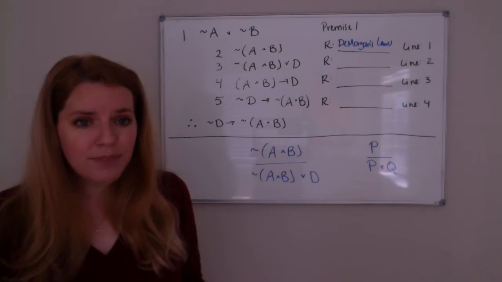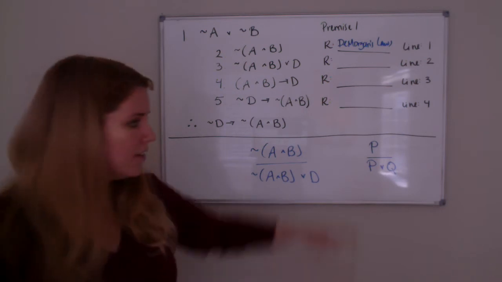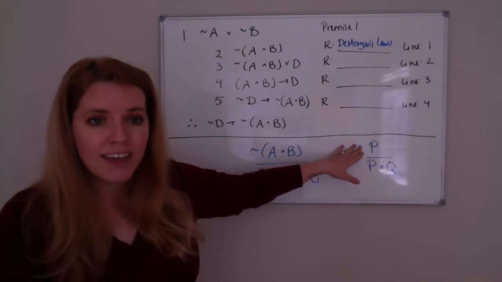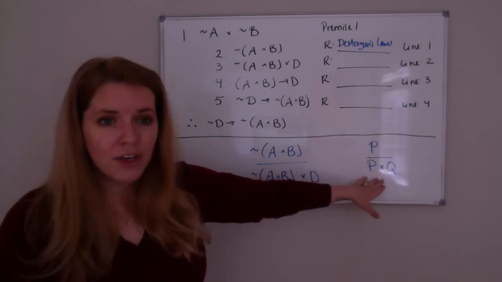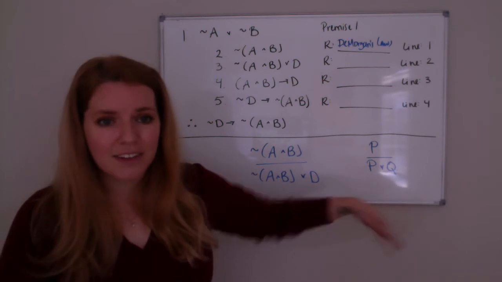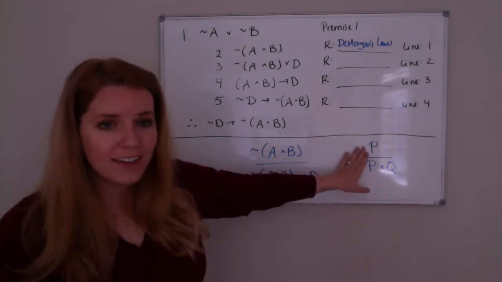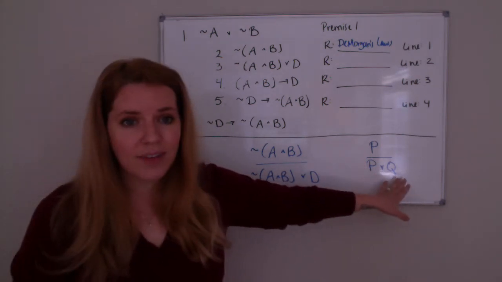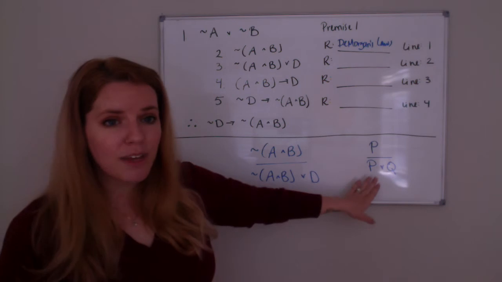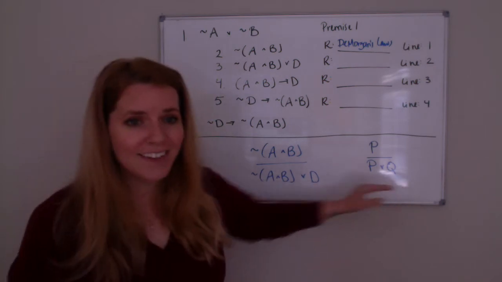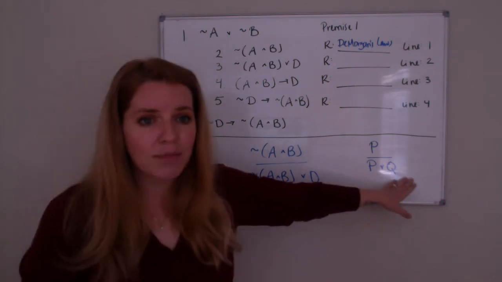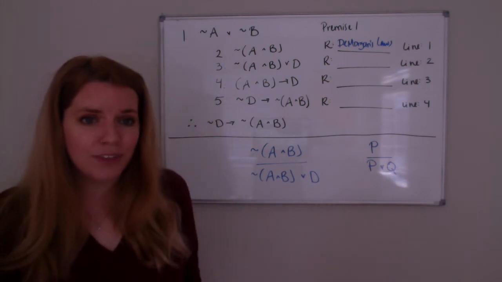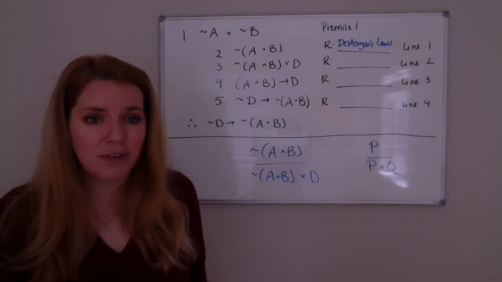So flipping this around, we can also say that if we know that one claim is true, such as it's Monday, then we know that a disjunction with that claim and anything else is also true. If we know that it's true that it's Monday, then it's also true that it's Monday or it's Tuesday. It's also true that it's Monday or the earth is flat. It's also true that it's Monday or my name isn't Rebecca, right? As long as we have one thing that's true, then we can make any disjunction that we want out of it.